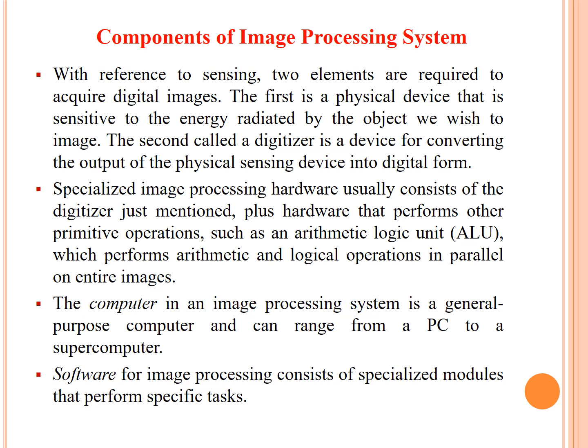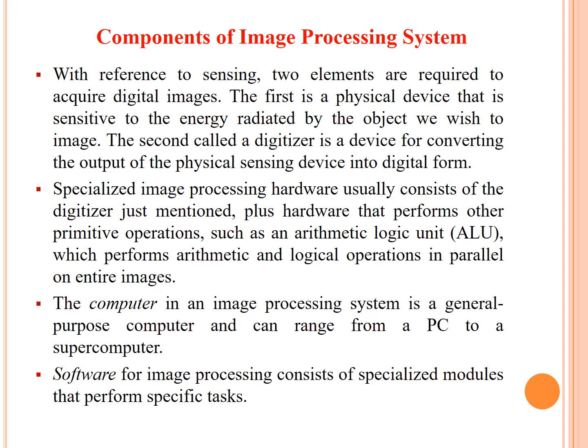Specialized image processing hardware usually consists of the digitizer plus hardware that performs other primitive operations such as an ALU, which performs arithmetic and logical operations in parallel on entire images. One example of how an ALU is used is in averaging images as quickly as they are digitized for the purpose of noise reduction.